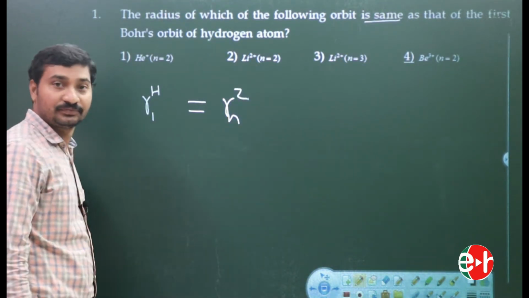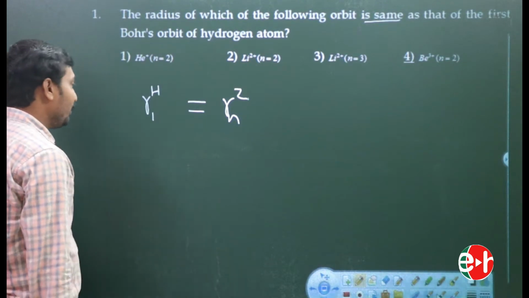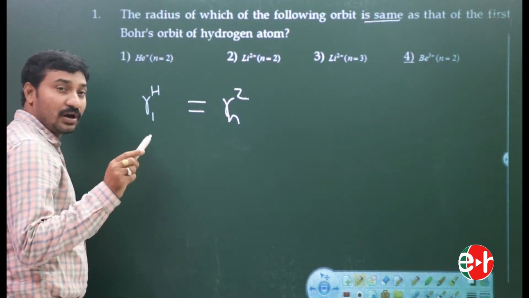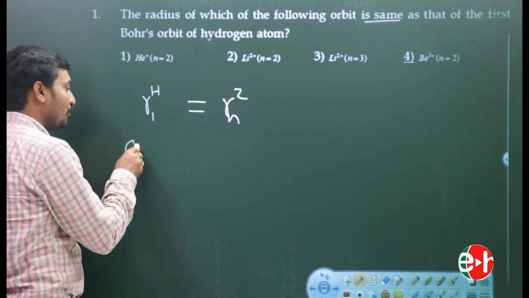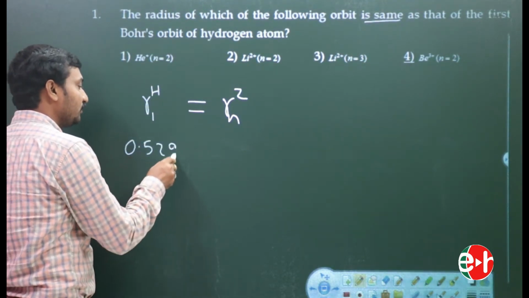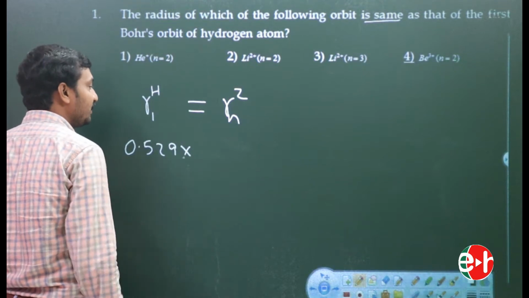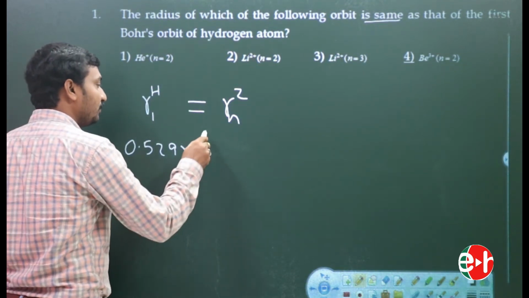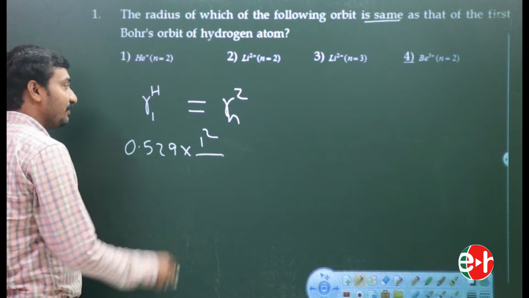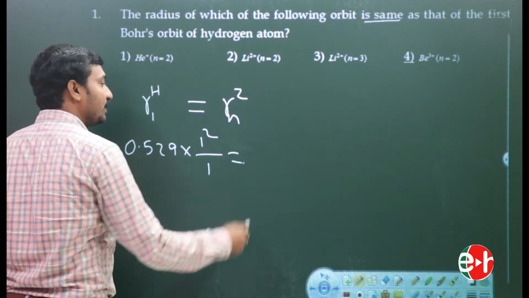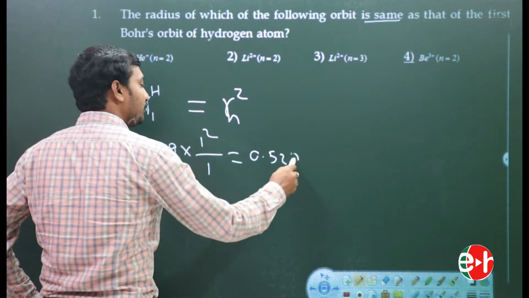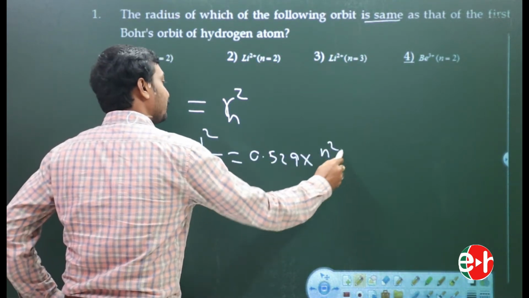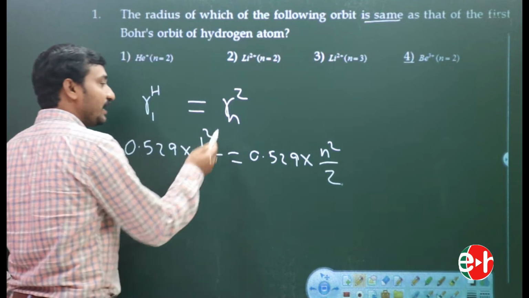We know the radius of orbit formula: 0.529 into n square by Z. For hydrogen, n value is 1, Z value is 1, that is equal to 0.529 into n square by Z for the unknown orbit.